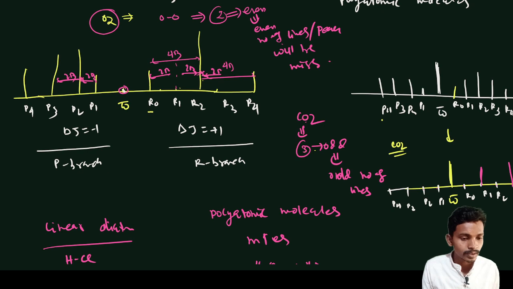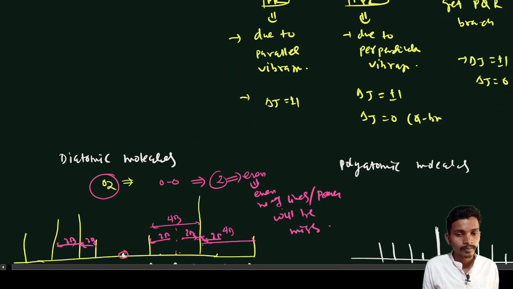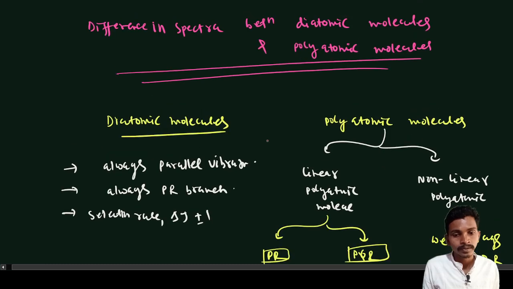This is missing, this will be there. So the odd ones, like 1, will miss like this. So here also you see that now this is 4B instead of 2B, because alternate peaks are missing.